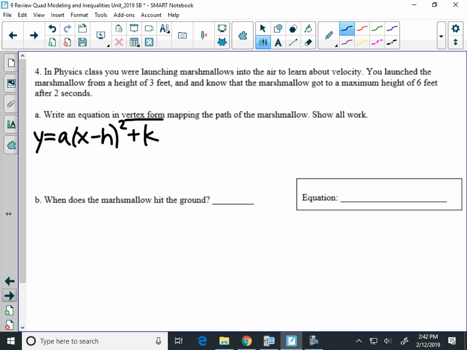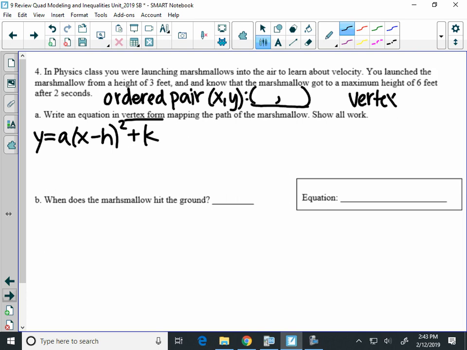Now, in order to solve this problem, we need 2 things. We need an ordered pair, which is going to be an x and a y value, which we'll write here in just a second. And you also need the vertex. That's going to give you your h and your k. So we'll write our vertex here.